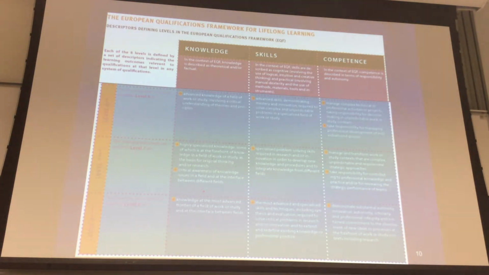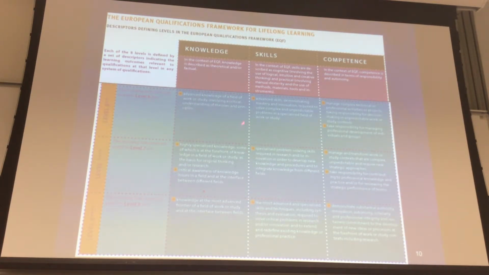Now, I mentioned earlier that this word competence causes a problem. One definition of competence is this one on the board, which is the European definition of the term competence. Now, notice this is the European qualifications framework for lifelong learning.